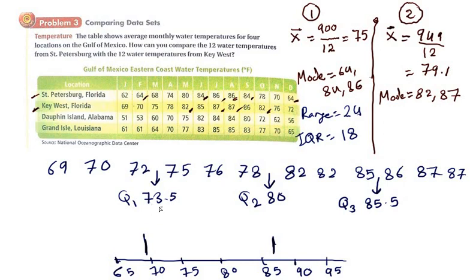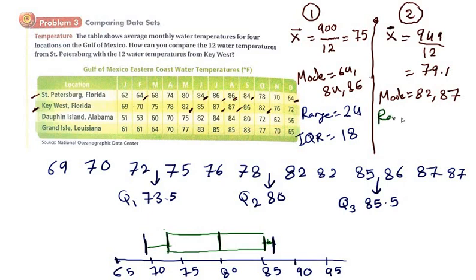Now the first quartile is 73.5, almost here. The second quartile is exactly 80, and the third quartile is 85.5. It's almost here, just after the 85. This is the box plot.